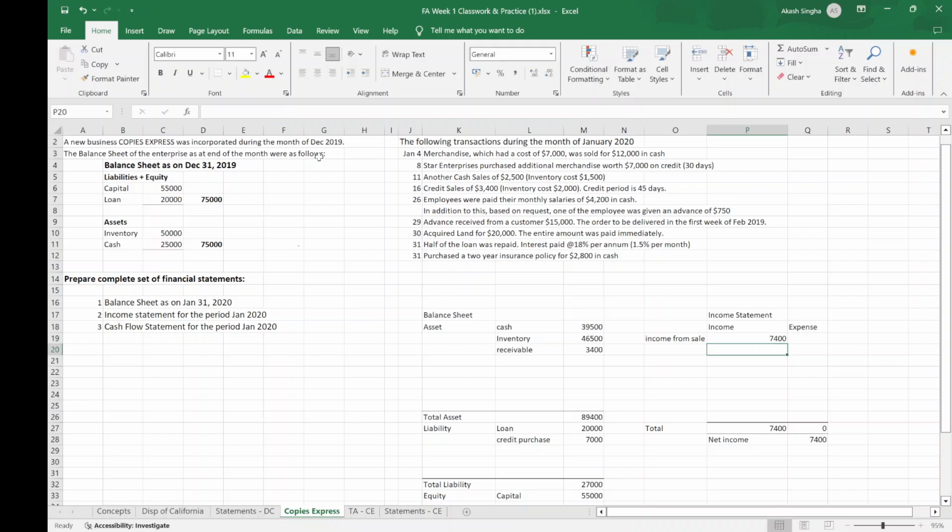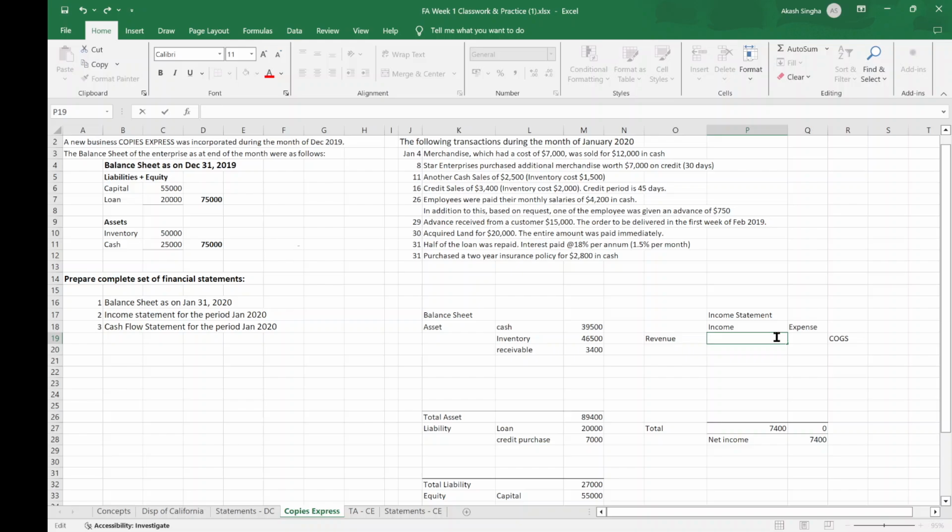Or maybe I think yeah, we can do that. It should be revenue, and here we should put COGS.